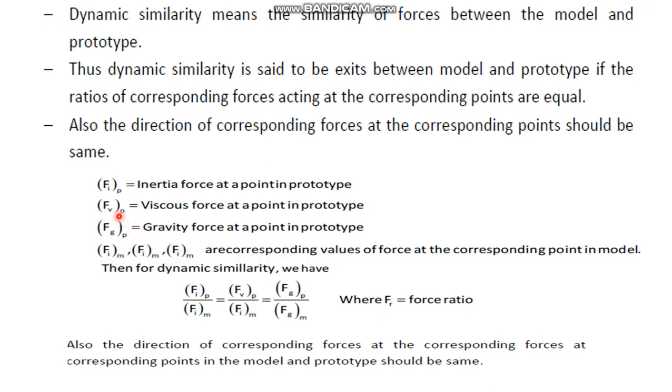Then the ratio FIP divided by FIM is equal to the ratio FVP divided by FVM, which is equal to the ratio FGP divided by FGM. These should be equal, and another important thing is that their corresponding directions should also be the same. This is called the dynamic similarity.